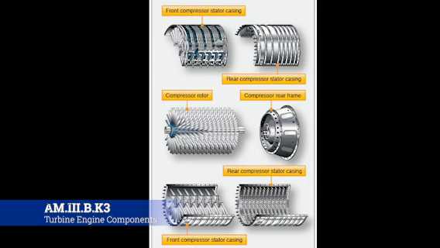Compressor pressure ratio increases with the number of compression stages, and most engines utilize up to 16 stages or more. Whenever you see the engine cutaway, you'll see all those spinning blades with the little stator blades on the inside. That's what's happening: as the air moves from one stage to the next, it gets tighter and tighter until it's ready to go into the next stage of the engine.